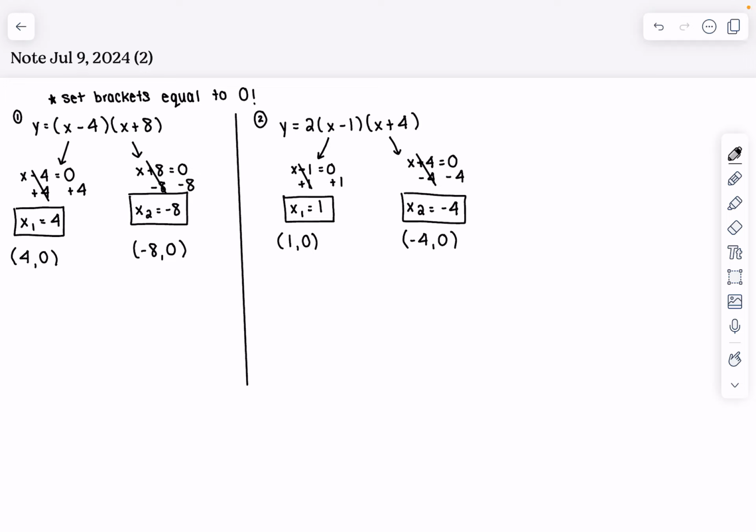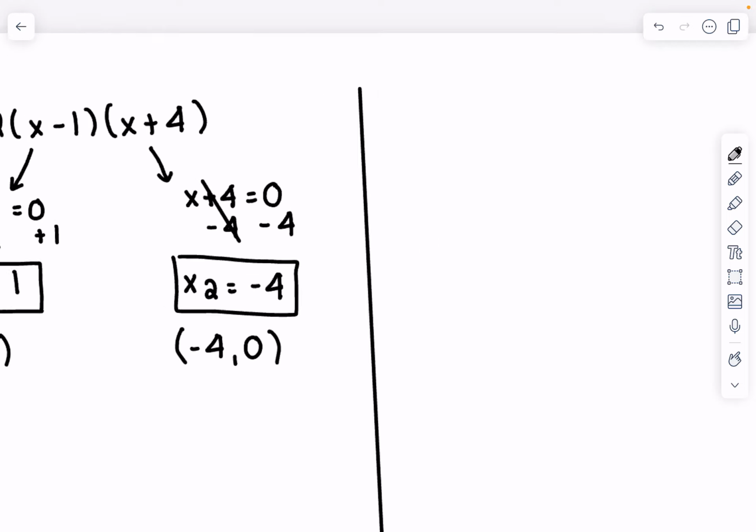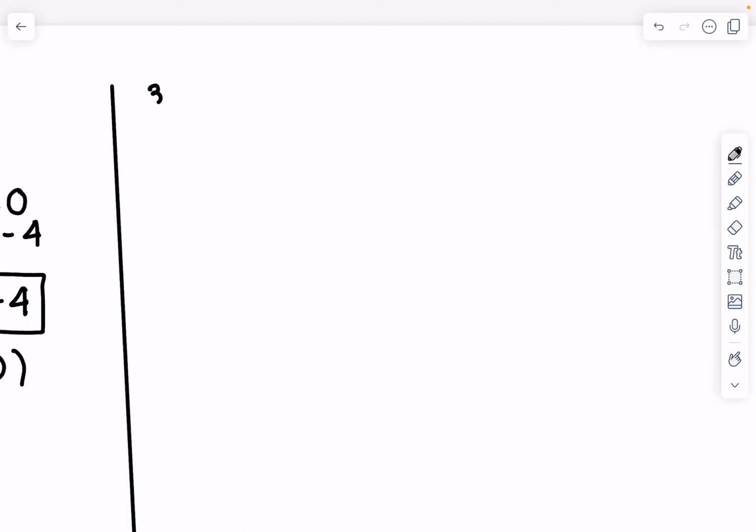Okay. Let's pop a third case in just for fun. So what if you have something that looks like this? Because this is something you might run into on the quiz. So you have x minus 2, x minus 2. If you have the same bracket twice, only solve one of the brackets.